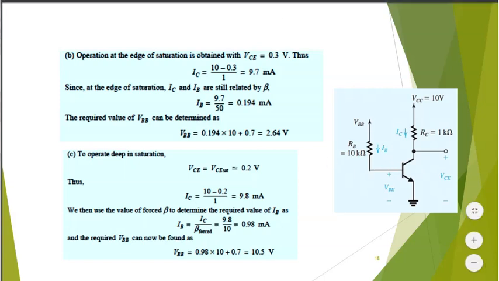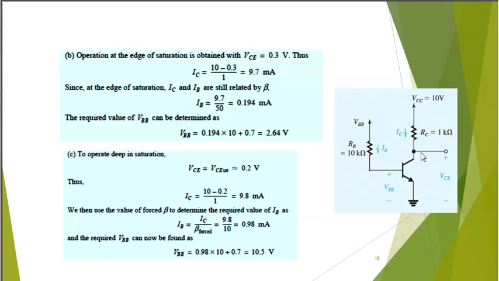But the third part of the question says to find VBB when we are deep in the saturation and beta forced is 10. What's the meaning of beta forced is 10? It means that we only know that IE equals IC plus IB, right?